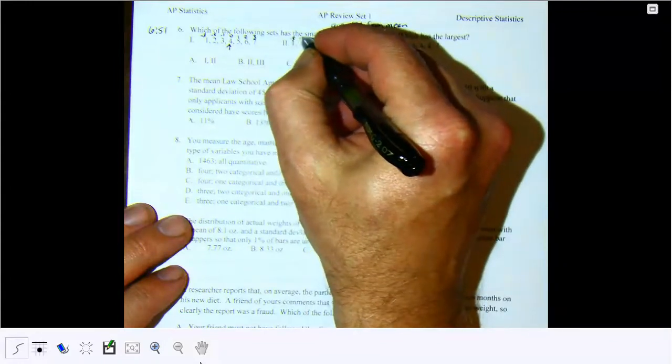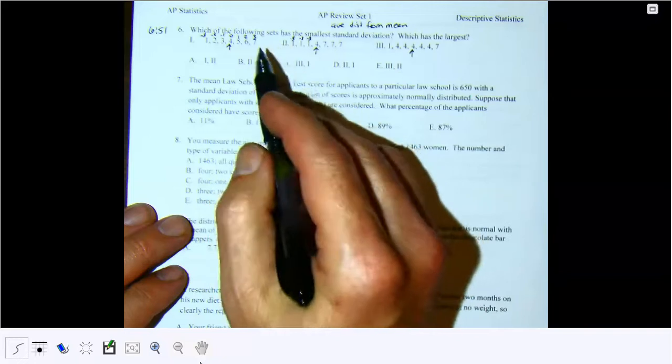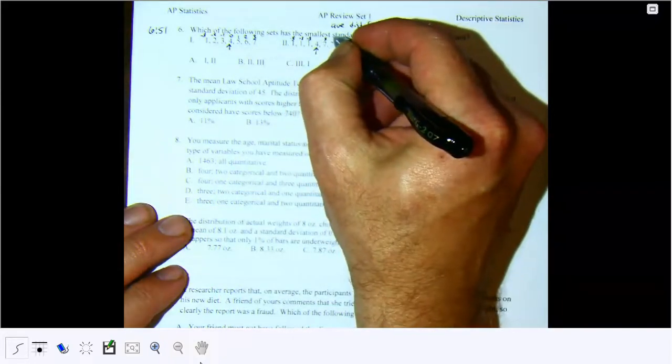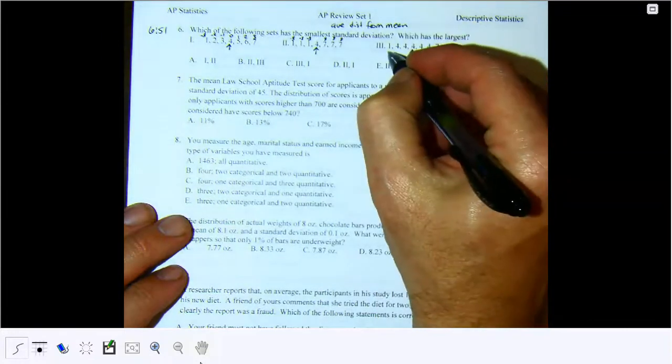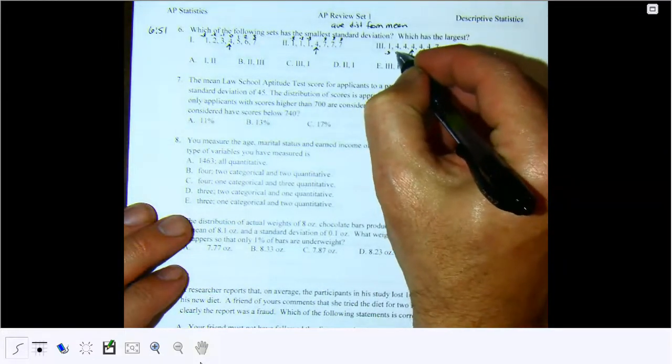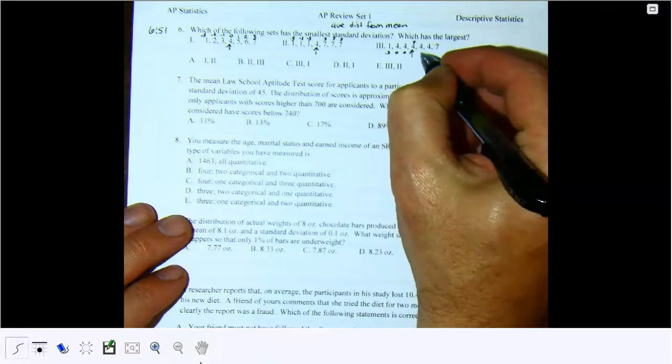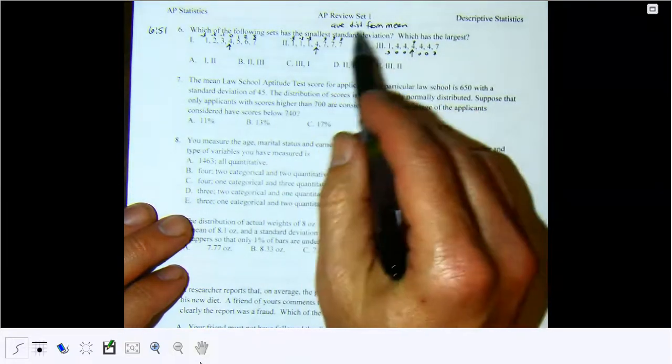In this one, I've got 3 pieces that are 3 below each. So my deviation is large. I've got three that are 3 to the left and three that are 3 to the right. And I come over to this set and I've got, yes, this is 3 to the left, but then 4 is going to be a 0, a 0, a 0, a 0, and a 0, and a positive 3. So if we're talking about variation to go into that standard deviation, this has very little variation.